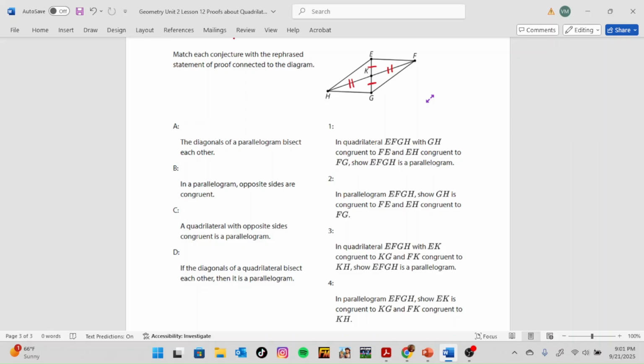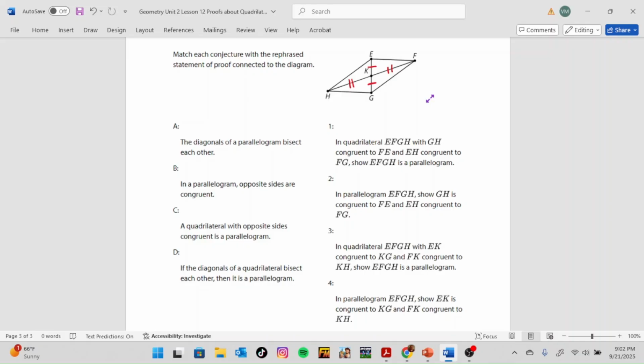In a parallelogram EFGH, show EK, we marked that with 1 tick mark, is congruent to KG, we marked that with 1 tick mark, and FK, which I marked with 2 tick marks, is congruent to KH, which I marked with 2 tick marks.